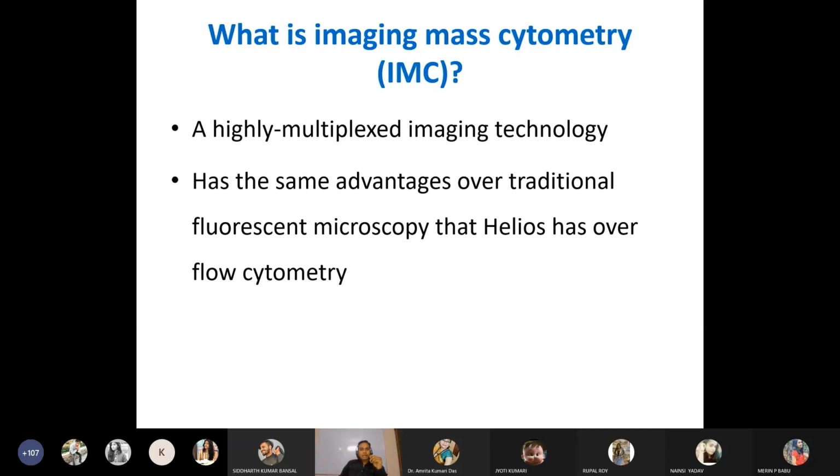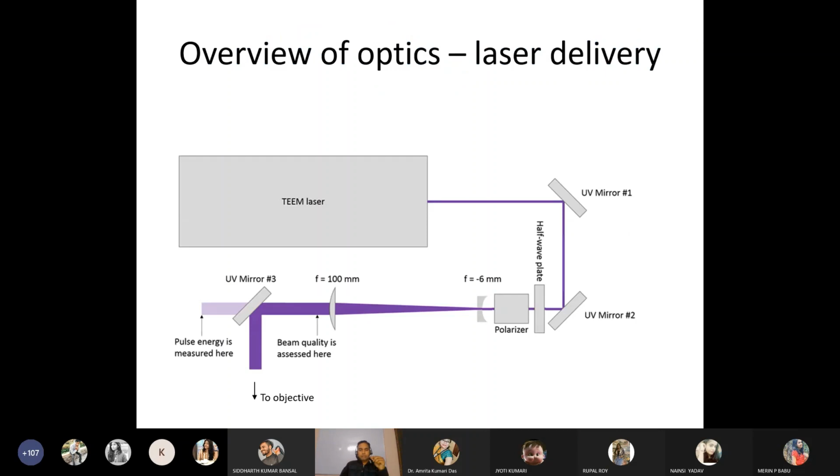This is a highly multiplexed imaging technology, which has the same advantages over traditional fluorescence microscopy that Helios has over flow cytometry. There are a few companies like Helios and Fluidigm which deal with imaging mass cytometry. The patent is still with them, so not many companies manufacture this instrument.